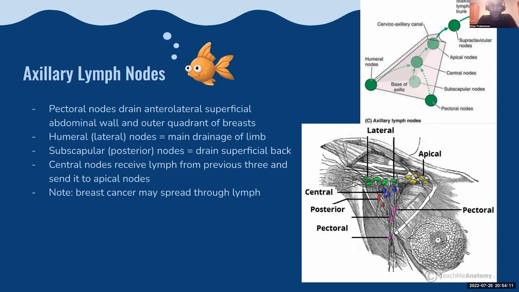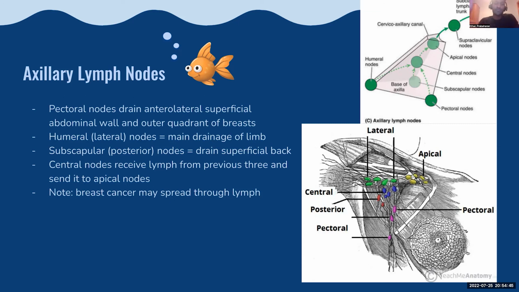Your humeral nodes or your lateral nodes, they drain your upper limb. Subscapular or posterior nodes drain your superficial back. The central lymph nodes receive lymph from all of these sites. So they're straight in the middle of that pyramid. They'll send it upwards to apical lymph nodes, which will send them to subclavian lymph trunks, and your lymph actually gets dumped back into your subclavian veins, which will then take it back to the heart.